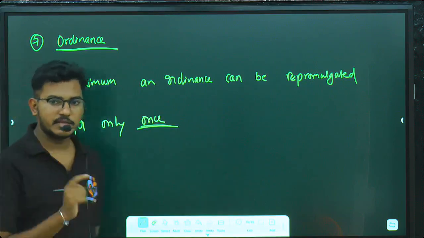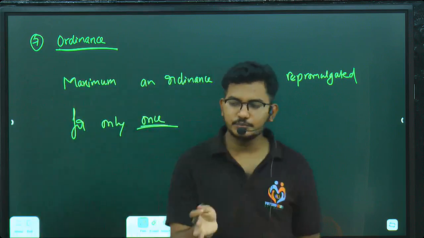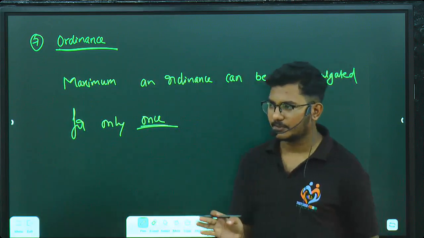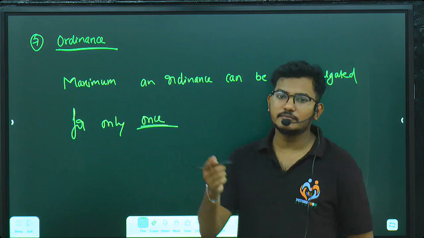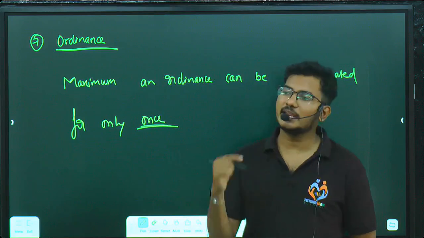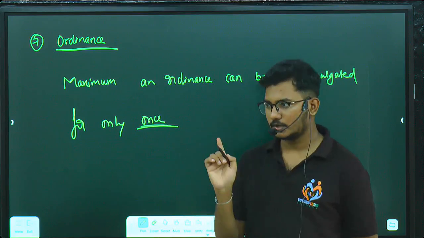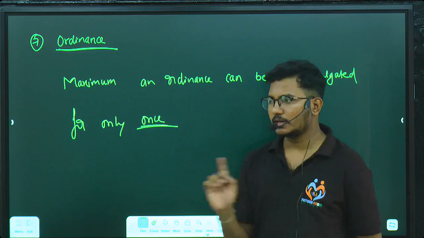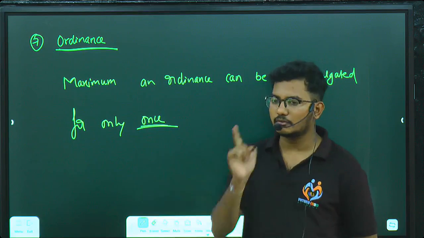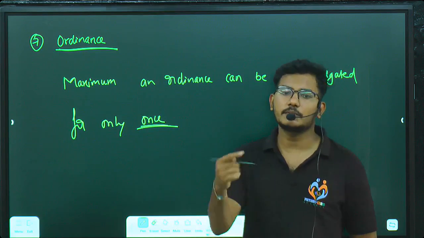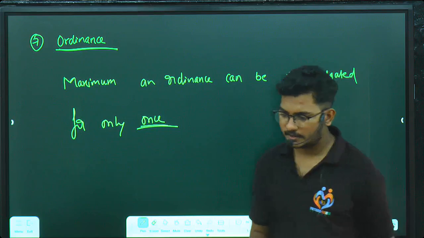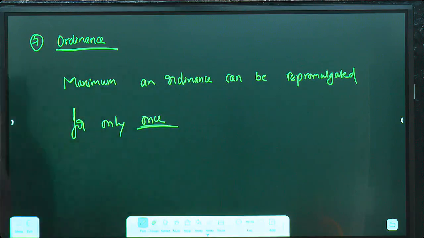So you come up with an ordinance and try to make this a permanent law. If that has not happened, come up one more time, which means repromulgate one more time. Then you cannot repromulgate the ordinance again and again. You have only one chance to repromulgate. So this is what they have said about ordinance.